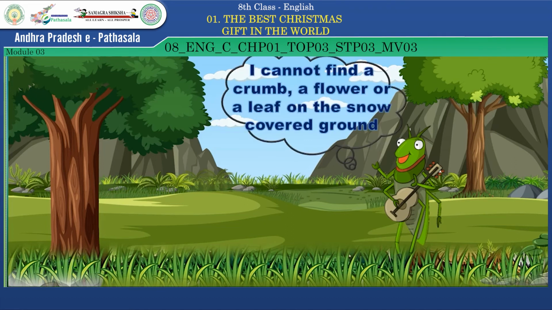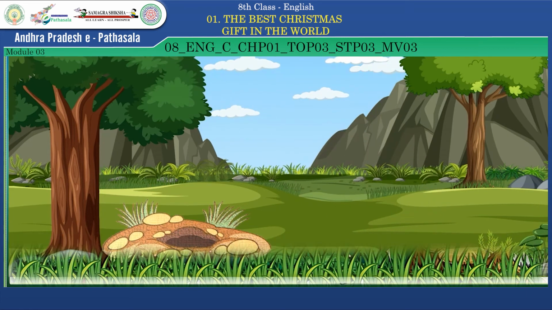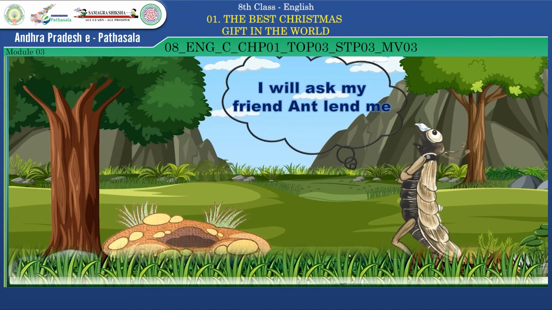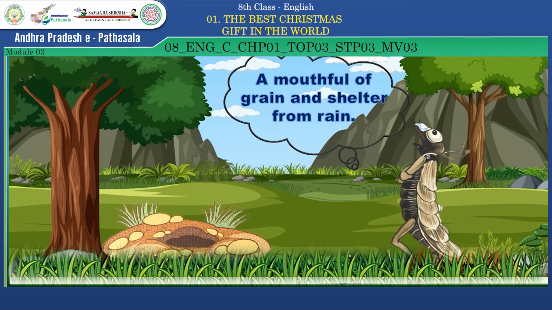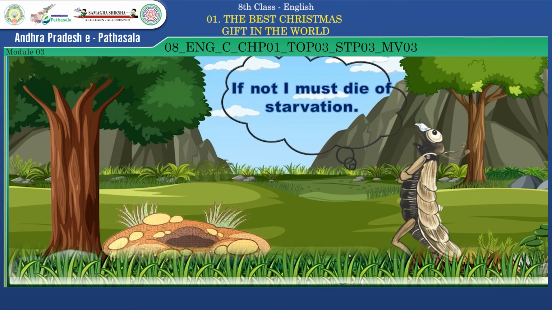I cannot find a crumb, a flower, or a leaf on the snow-covered ground. Oh, what will I be without food? I will ask my friend ant to lend me a mouthful of grain and shelter from rain. I will repay it tomorrow. If not, I must die of starvation.